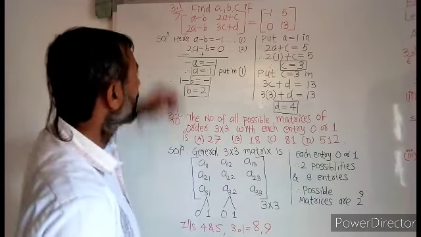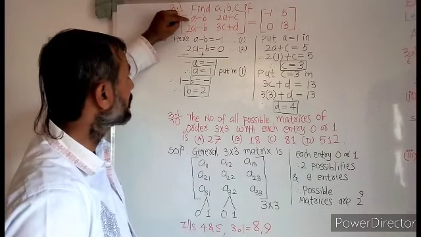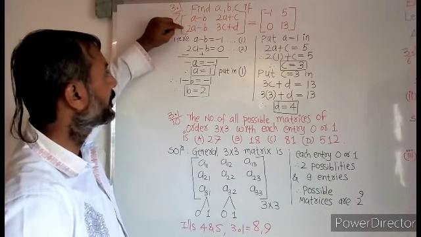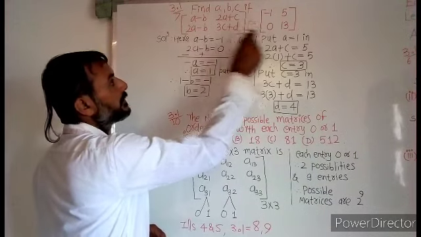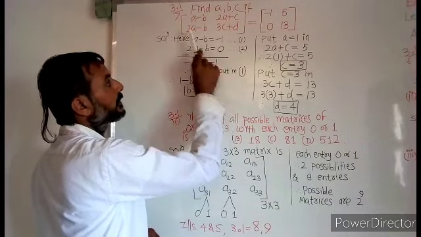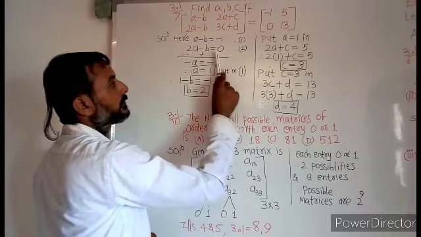First of all, let me compare the 1 1 and 2 1 elements with minus 1 and 0. So a minus b equal to minus 1, equation 1. 2a minus b equal to 0, equation 2.